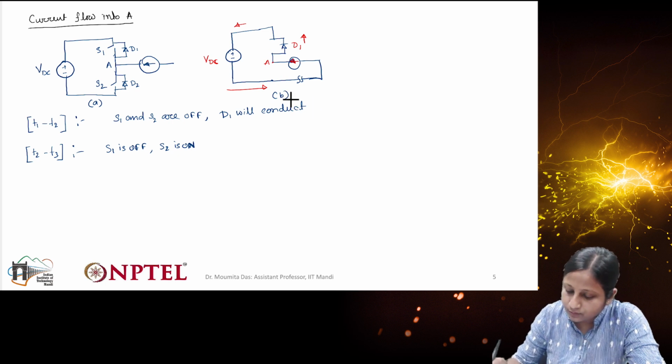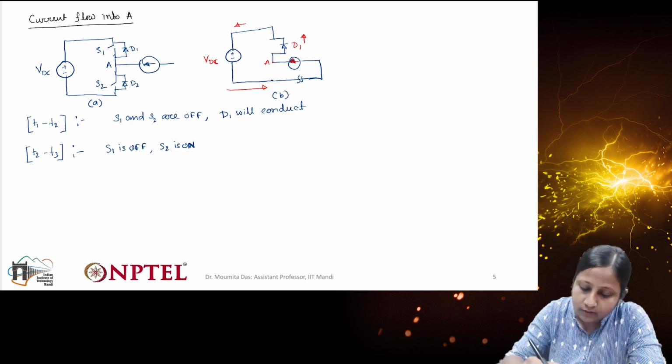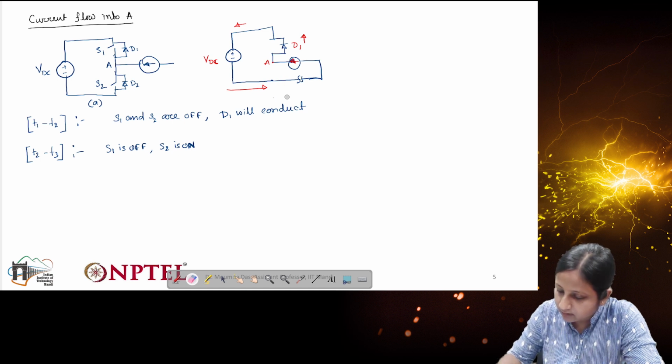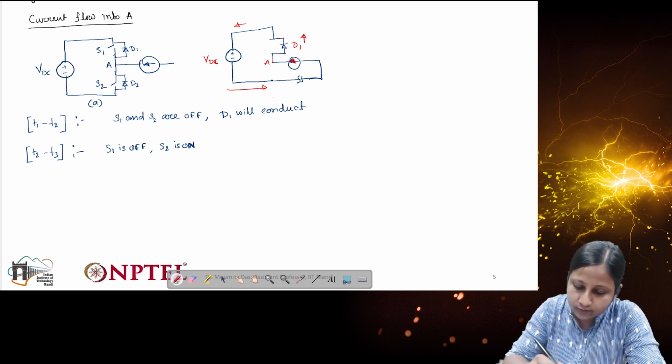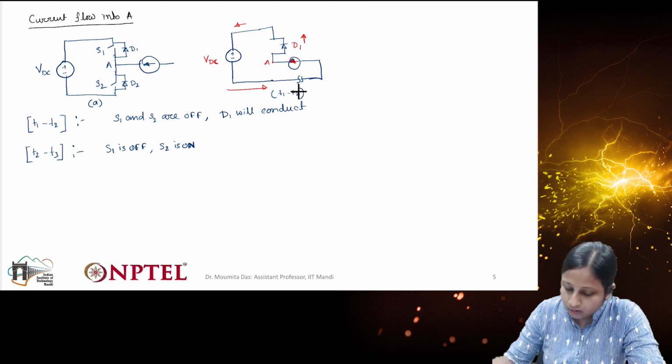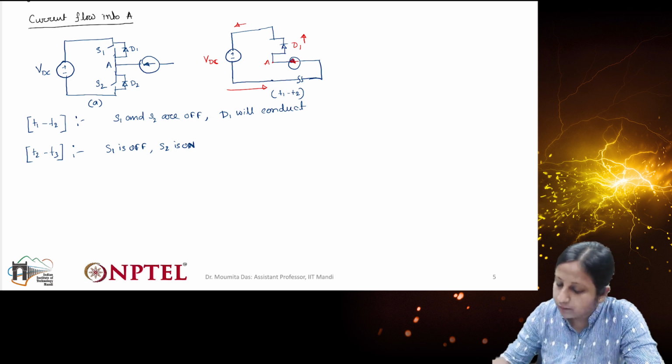So this is like the T1 to T2 duration, it is shown in B, or maybe I can just write here in terms of time. So this is during T1 to T2. So during T2 to T3, how will the path be?